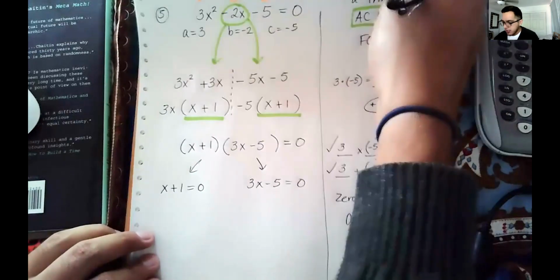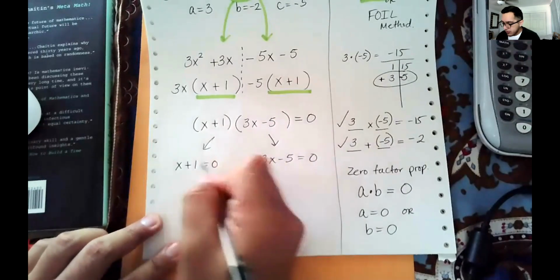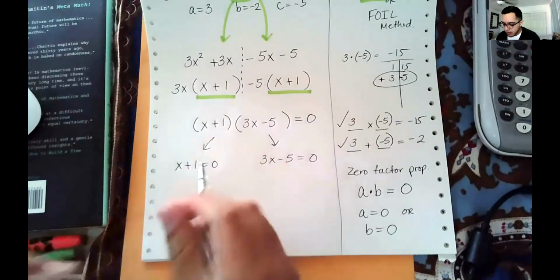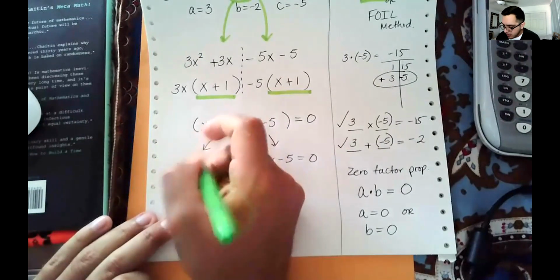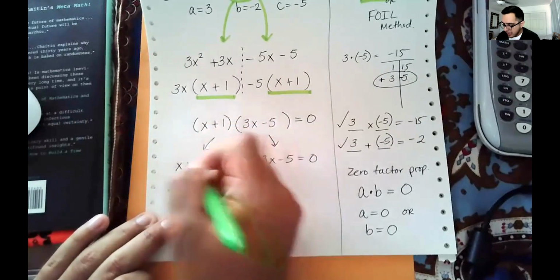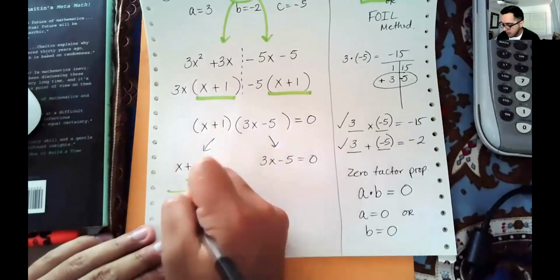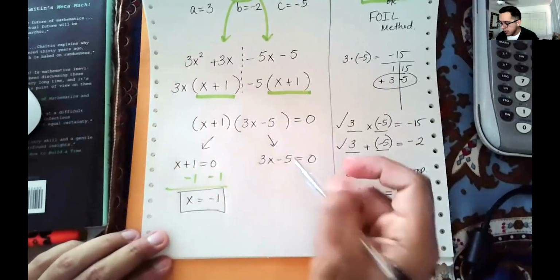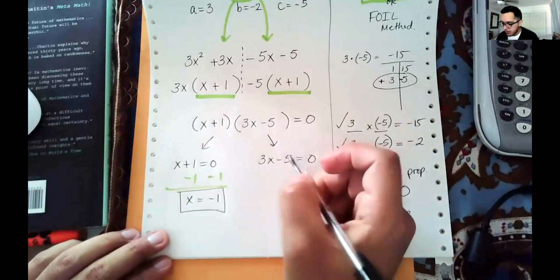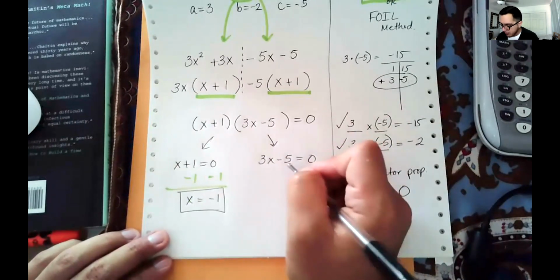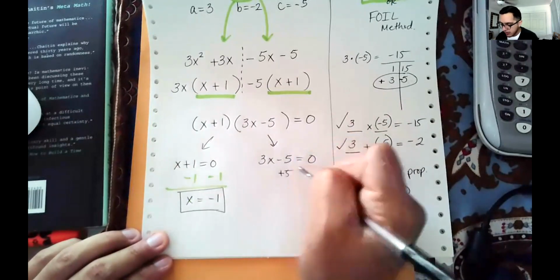So to solve this one, we would just have to subtract the 1 over to the other side. So we get -1. x is equal to -1. There's one solution. And then for this one, it requires 2 steps, but they're very similar, very simple. We're just going to add the 5 over to the other side.